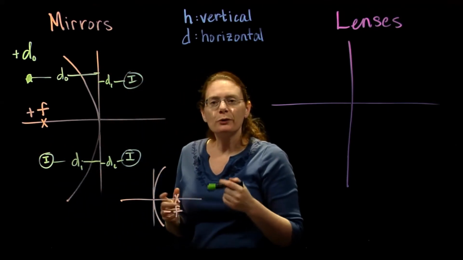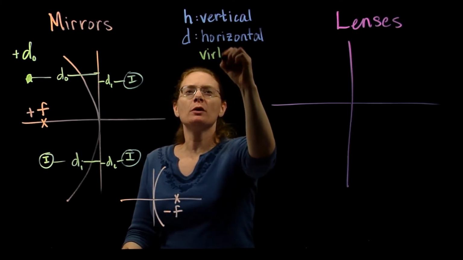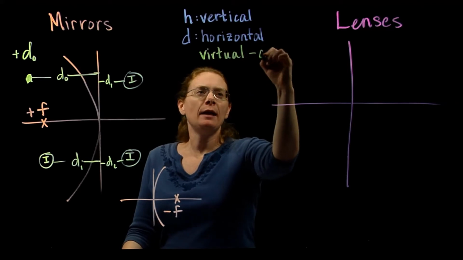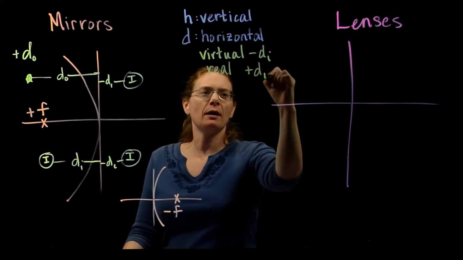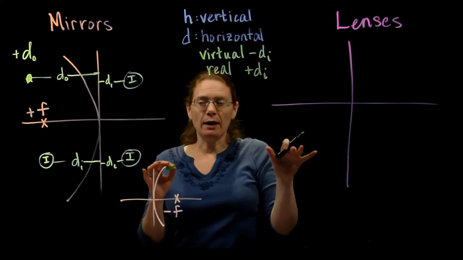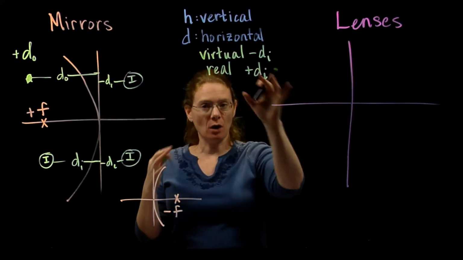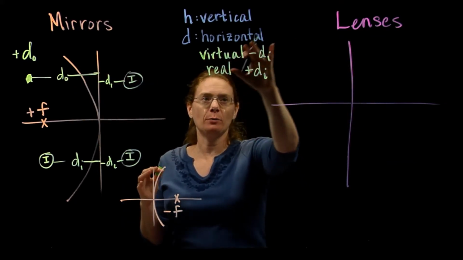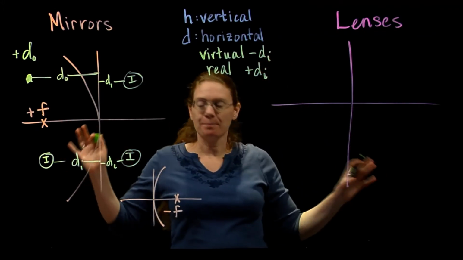Now, the rule for DI is always going to be virtual images have a negative DI and a real image has a positive DI. Don't try to think of it in terms of left-right because it's different for these two. If you can remember that a real image is always positive DI and a virtual image is always negative DI, that's the rule that's true in any case.